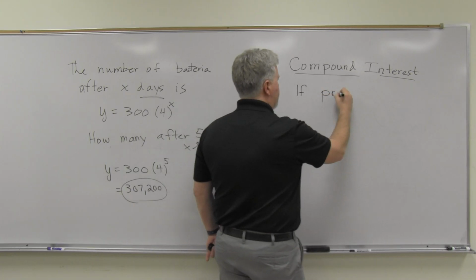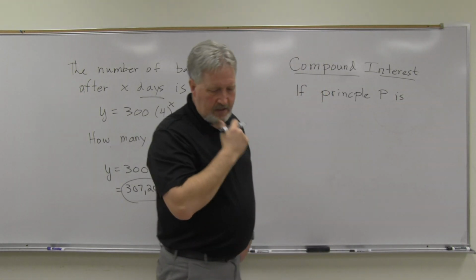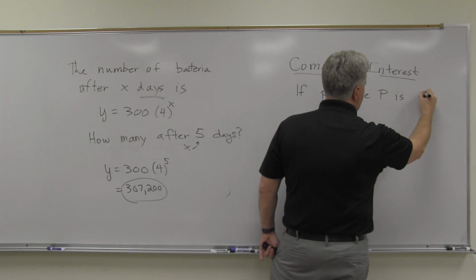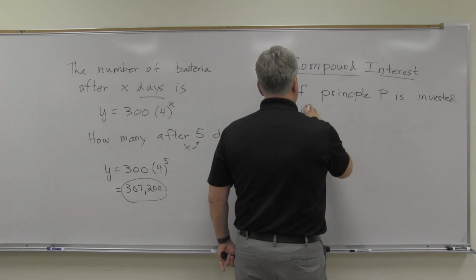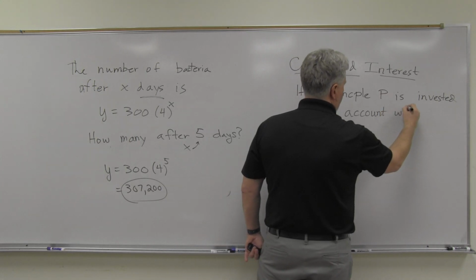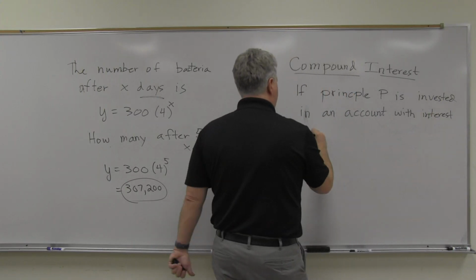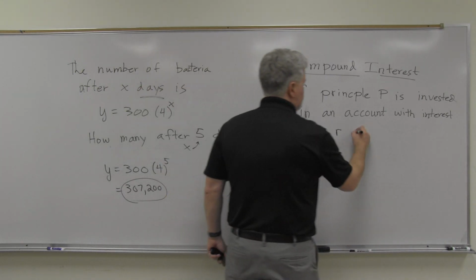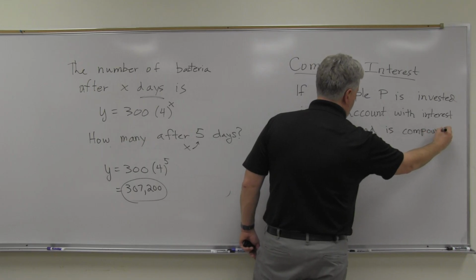So if principal P is invested in an account with interest rate R, that is compounded n times per year. It's called compounded n times per year.